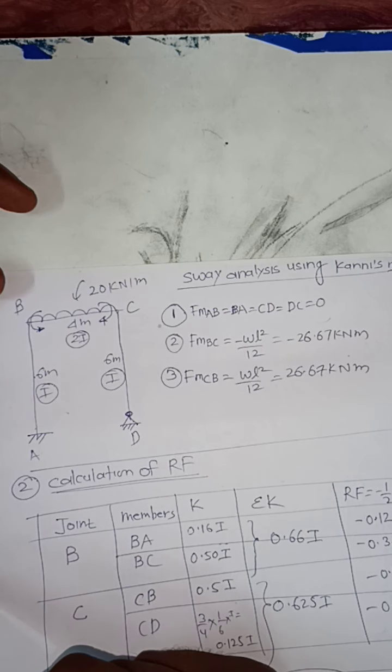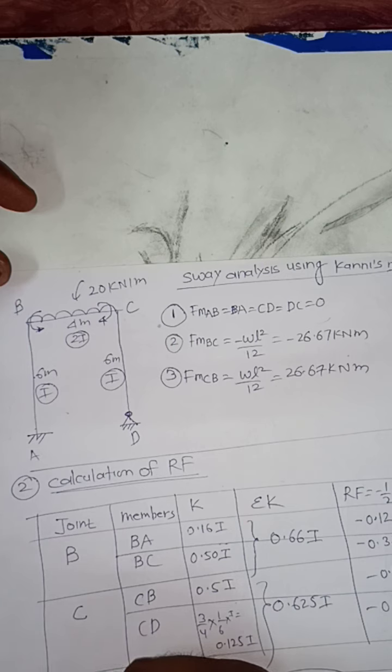Now in this case we have to first identify whether this type of frame will be analyzed as a non-sway frame or a sway frame. It depends upon various conditions. The first condition is the external horizontal loading.